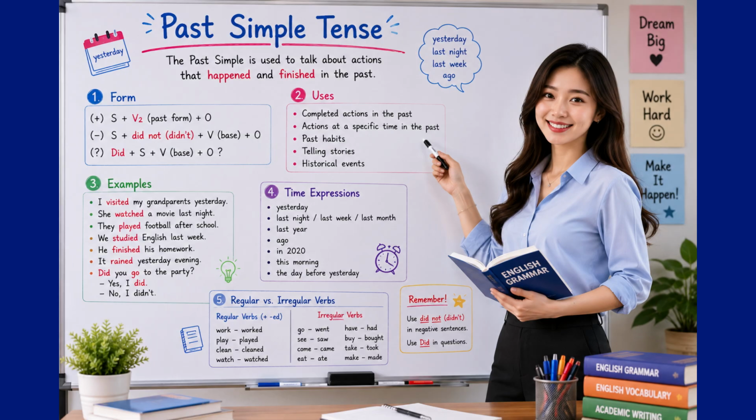By learning common regular and irregular verbs and practicing them every day, you will become more confident and fluent in English. Whenever you tell someone about yesterday, last week, last year, or a memorable experience from your life, the past simple tense will help you communicate clearly and effectively. The more you practice it in speaking, writing, reading, and listening, the more natural it will become, and soon you will be able to discuss past events with accuracy, confidence, and ease.